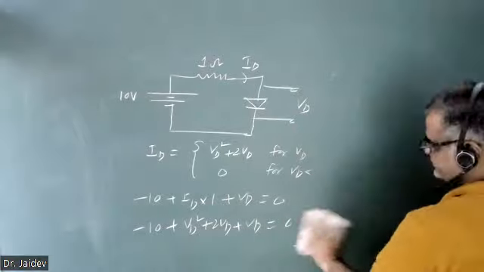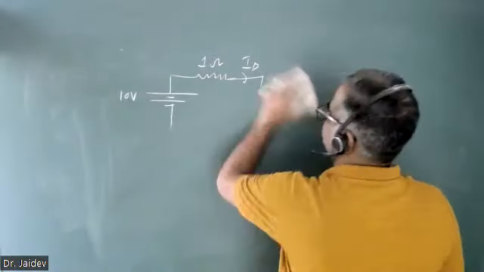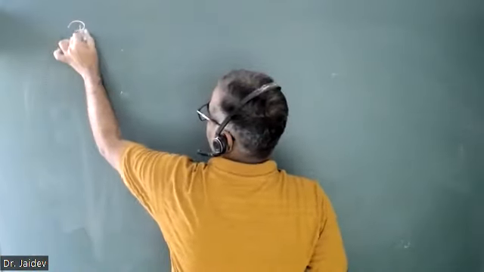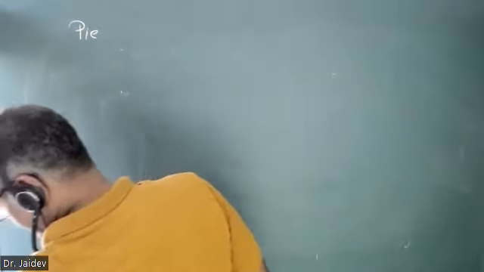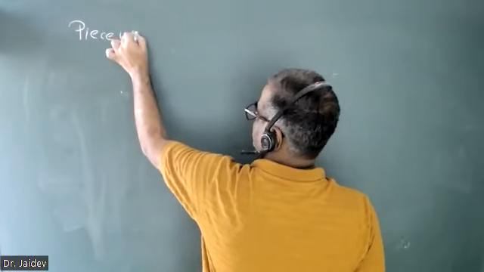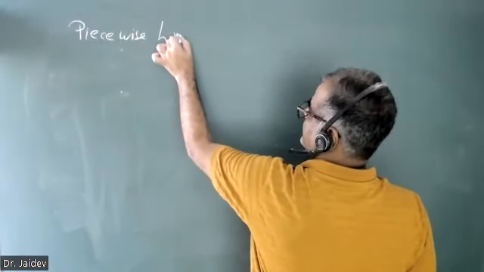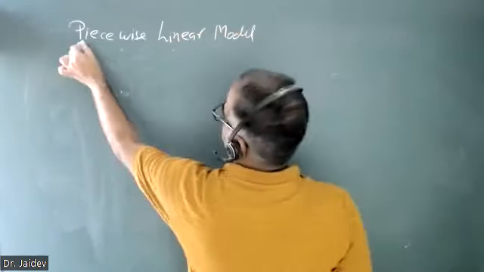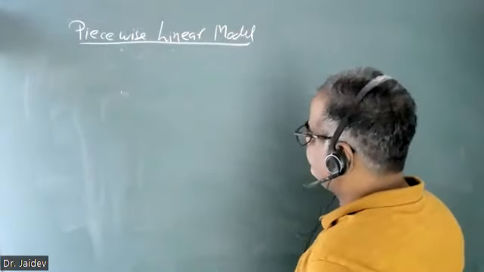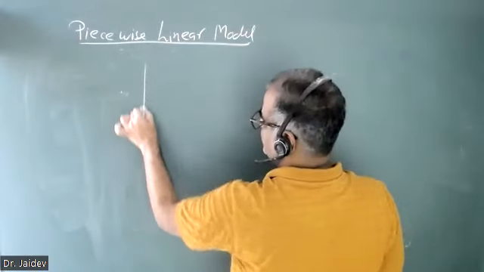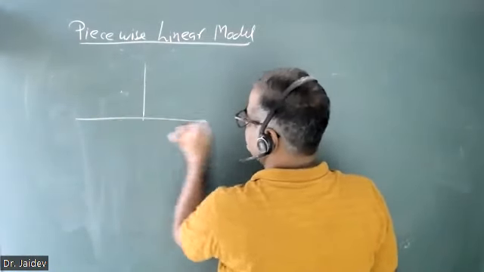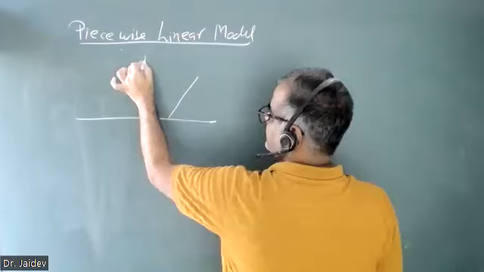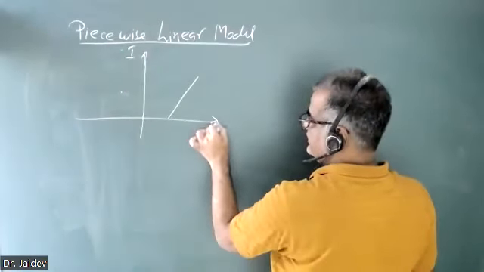So what will the piecewise linear model look like? Same as before, this will be your I, and this is your voltage.